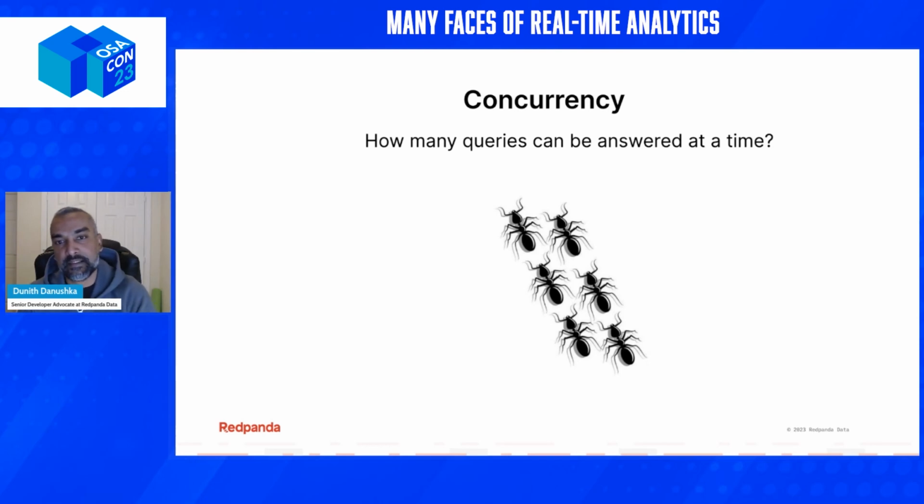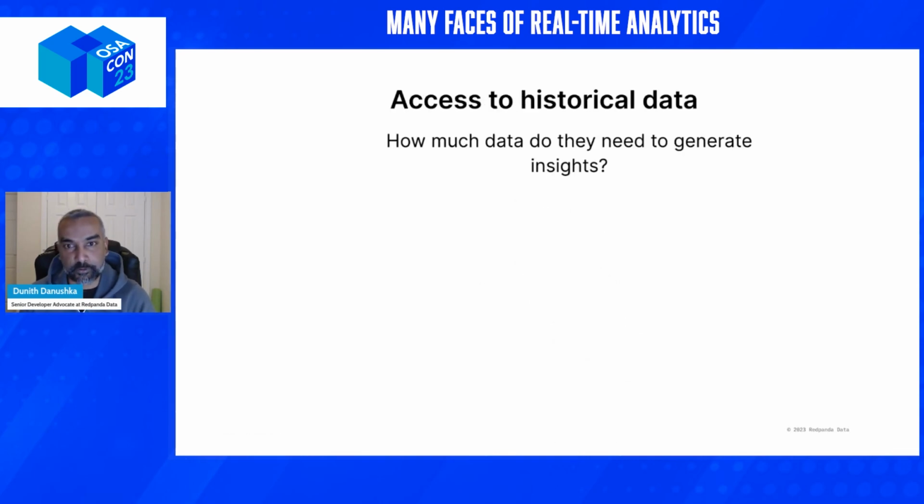For example, some systems can be consumed by internal teams like operational and analytics team, while some systems need to be exposed to your end users or could be exposed to end users. So there can be high concurrencies in that case. So the underlying database must be able to support this kind of concurrent query throughput.